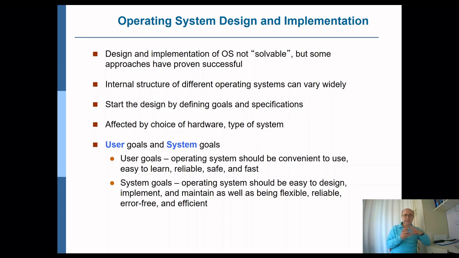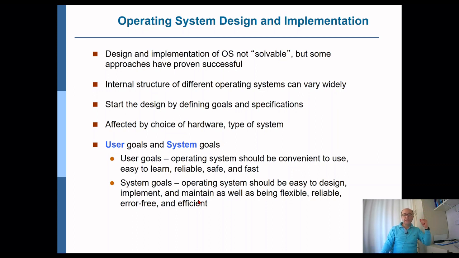But the best way to start would be by defining your goals, what my operating system is supposed to do, and specifications. What kind of hardware, for example, am I running on? Is this a portable device, or a desktop PC, or an industrial PC? How many CPUs do I have in the system? Are they hot pluggable? That kind of stuff.